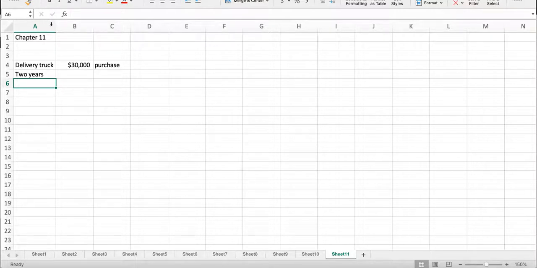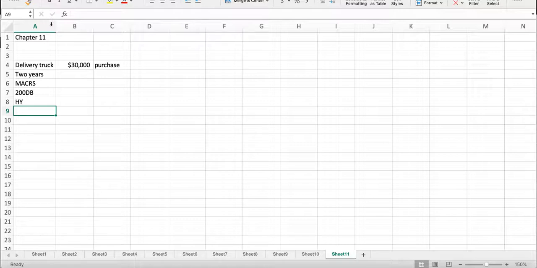And they've used MACRS 200% declining balance and the half-year convention. They've used that to recover the cost. So in other words, that's the depreciation method they've used. They did not elect Section 179 expenses and opted out of bonus. And it asks us to answer the questions for the following alternative scenarios.